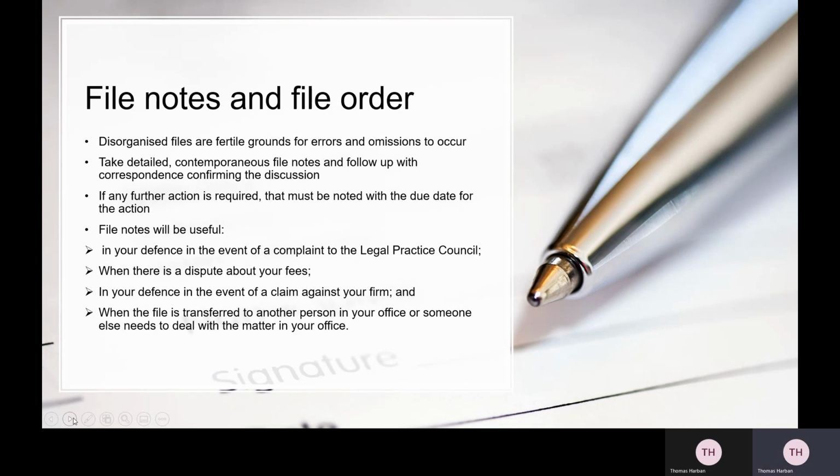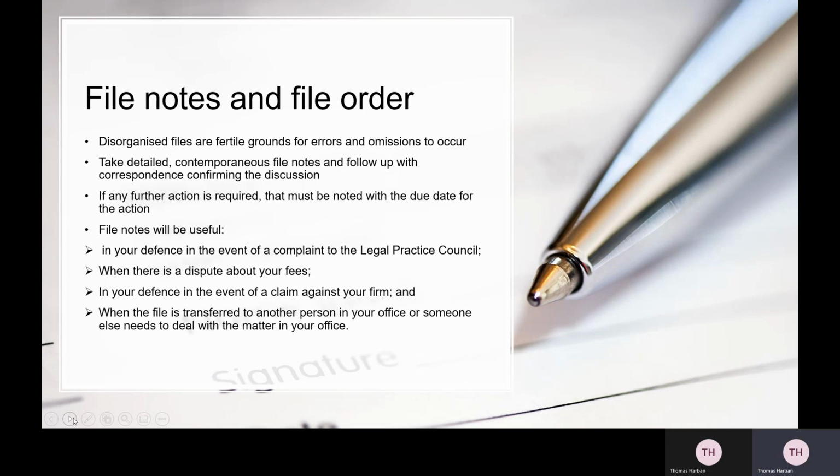The file notes will also help you in the event of a complaint to the Legal Practice Council. If the client says that you have not been attending to the matter properly, or that you haven't been giving the matter the appropriate attention, file notes and the general state of your file will assist you in your defense in that regard.